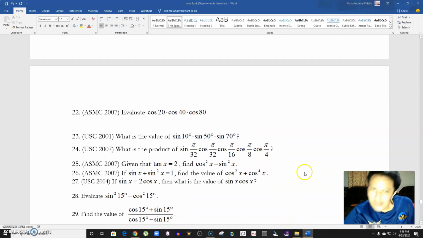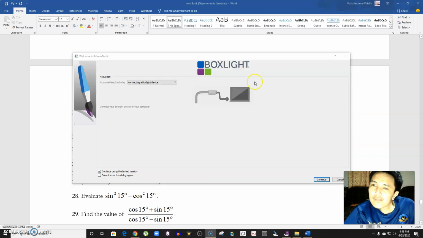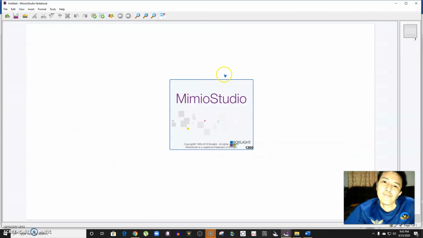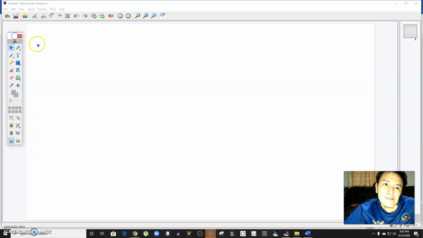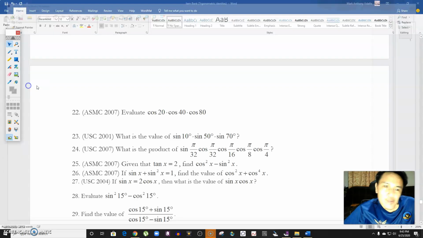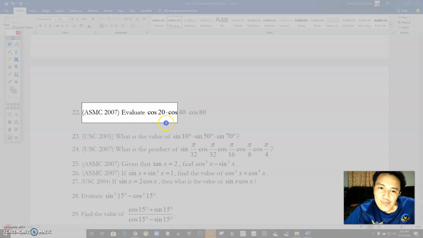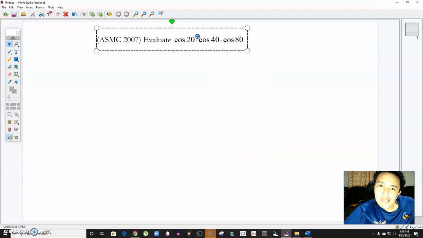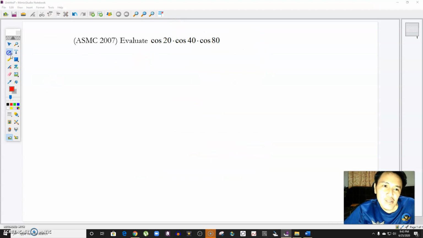Let's solve. Alright, so here it is. Evaluate without using a calculator: cosine 20 times cosine 40 times cosine 80, without calculator.